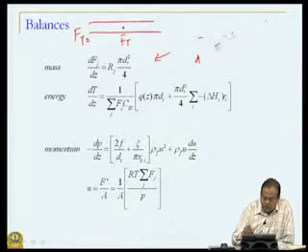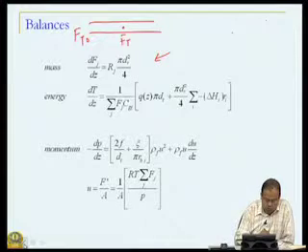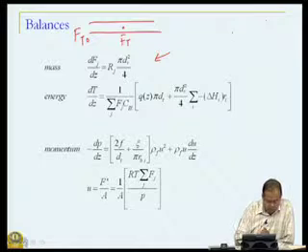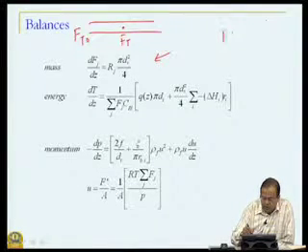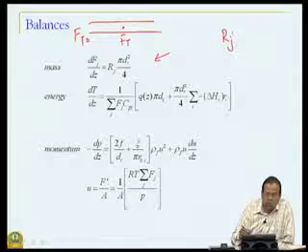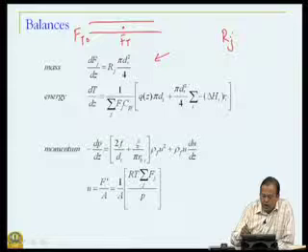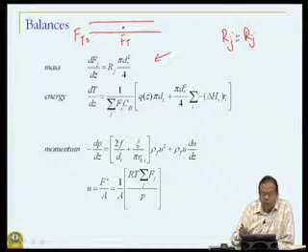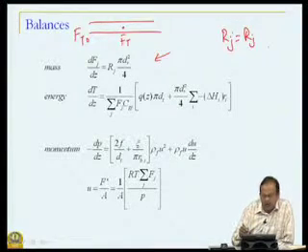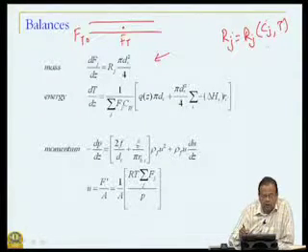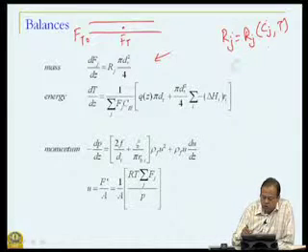Now, what is Rj? Rj is a function of concentration, that is, the reaction rate for the jth species. First of all, what are the jth species? We list out all the species that are there, for example, ethane, ethylene, hydrogen, butane, methane and so on. Those are the species. Rj is the rate of change of species j in all the reactions, and this is a function of concentration, temperature and so on. What is concentration?